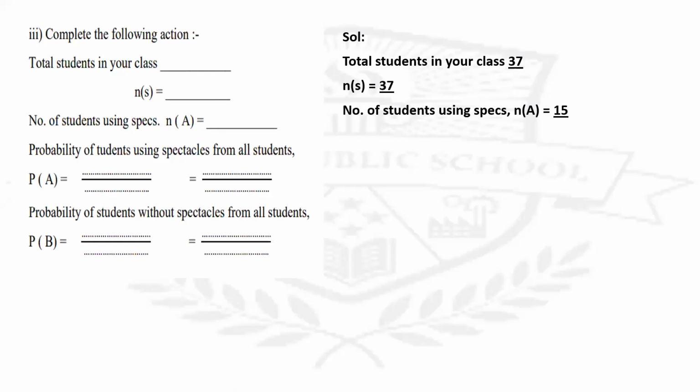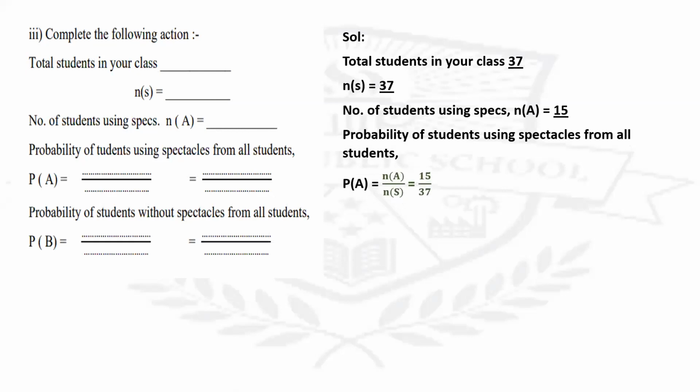So N of A equals 15. So what is the probability of A? The probability of students using the spectacles from all the students, P of A, equals the formula N of A upon N of S. That is 15 upon 37.